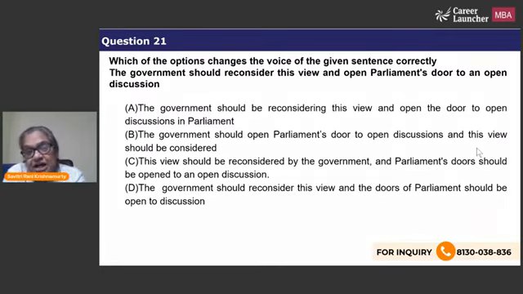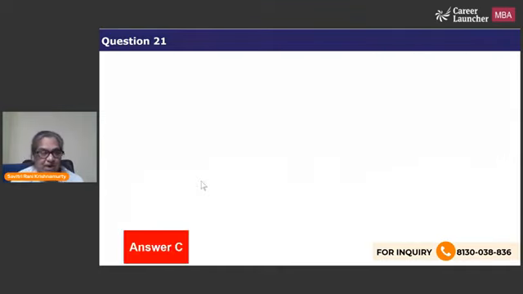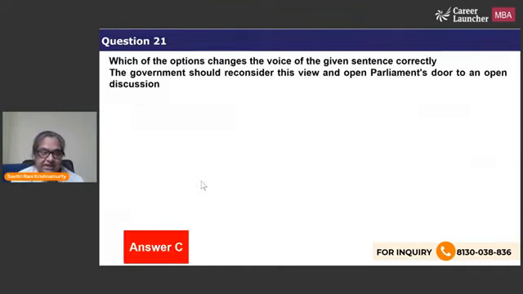See which option has both or one. The government should reconsider this view becomes: this view should be reconsidered by the government, and the government should open the parliament's doors. The parliament's doors should be opened to an open discussion. All right. So C is the correct answer.